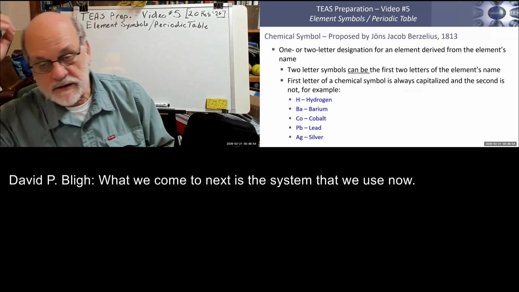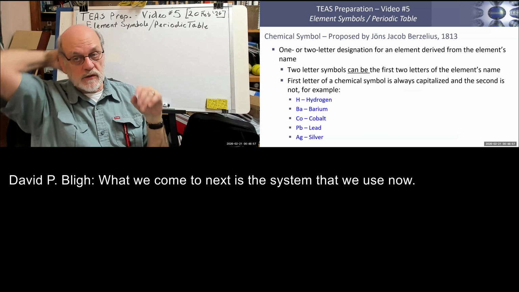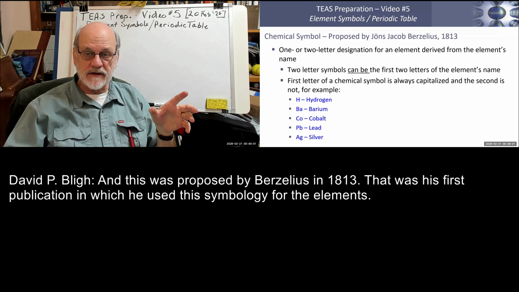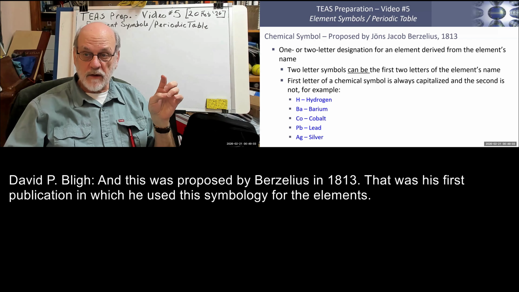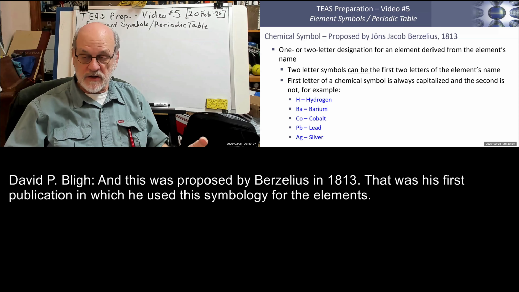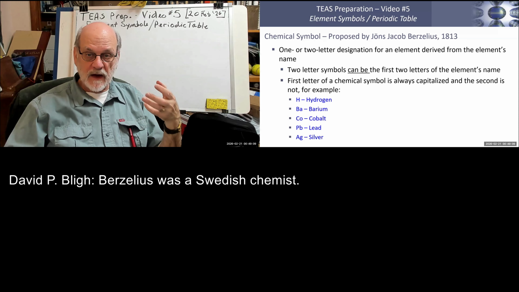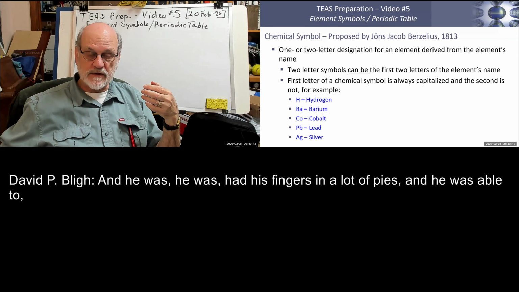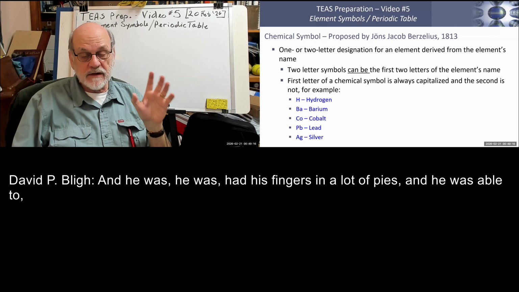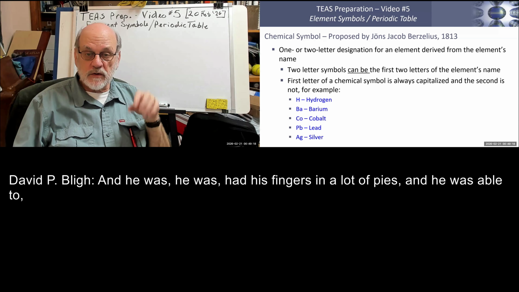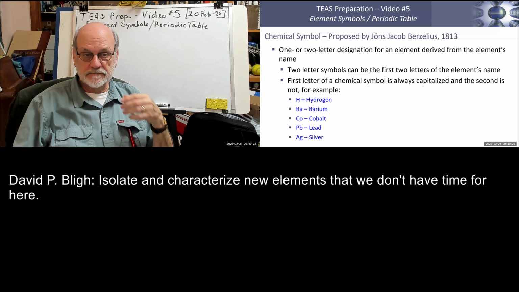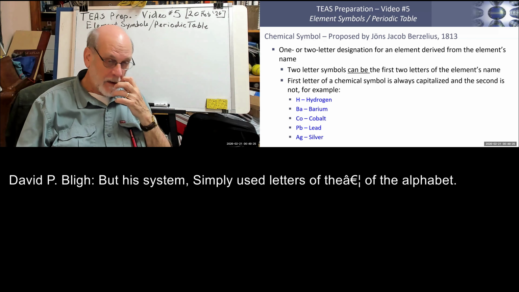What we come to next is the system that we use now, and this was proposed by Berzelius in 1813. That was his first publication in which he used this symbology for the elements. Berzelius was a Swedish chemist, and he had his fingers in a lot of pies, and he was able to isolate and characterize new elements that we don't have time for here.